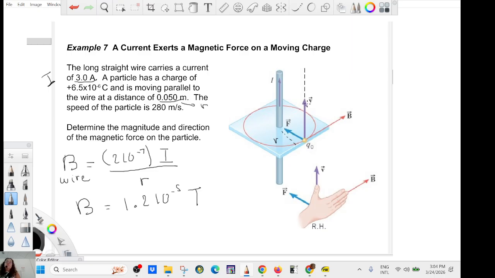The positive charge is moving in this direction and you have the magnetic field in this direction. So you're going to have a magnetic force perpendicular to the velocity and to B. That force will deflect the charge this way. It wants to go in a straight line at a constant speed, but you can't. It's going to be deflected.